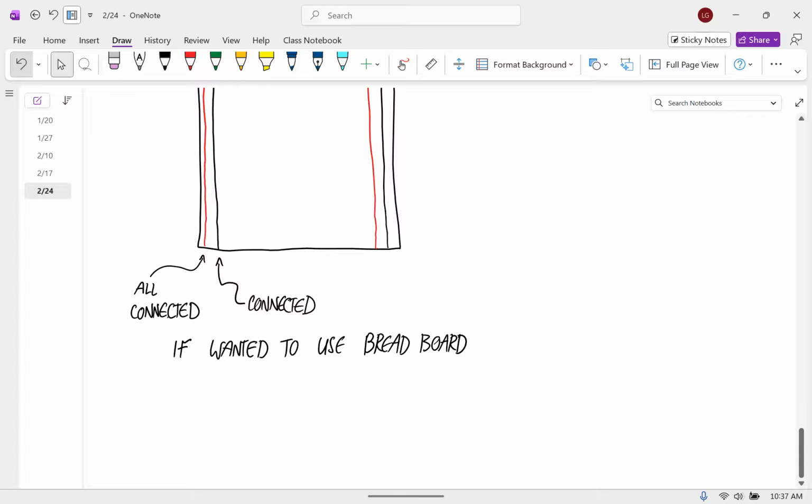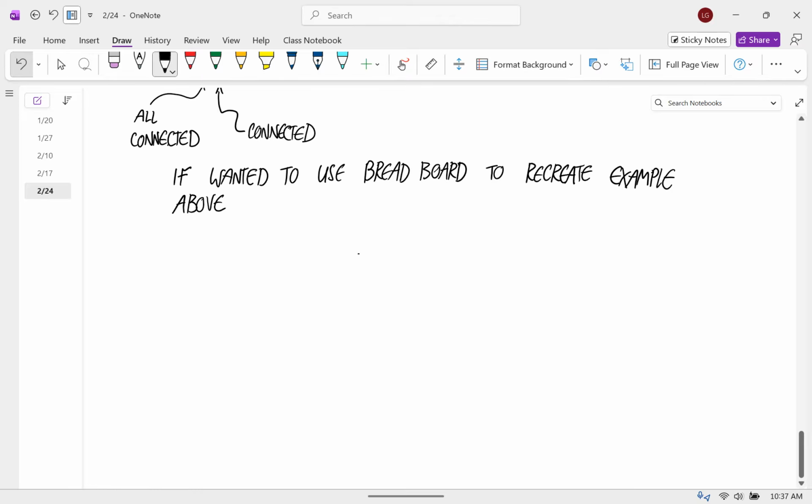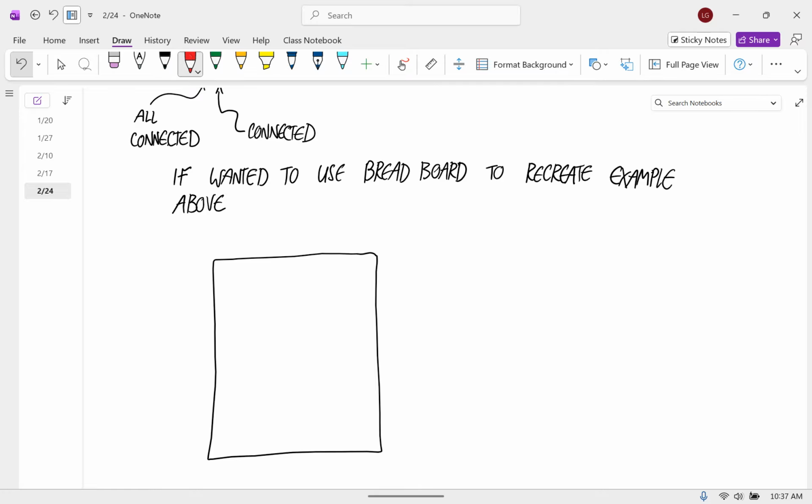So if you wanted to use a breadboard to recreate the example that we just did that calculation for, you could do it like this. So here's the breadboard. There's the red, the black. I'm only going to draw one side of these, just to save a little time.